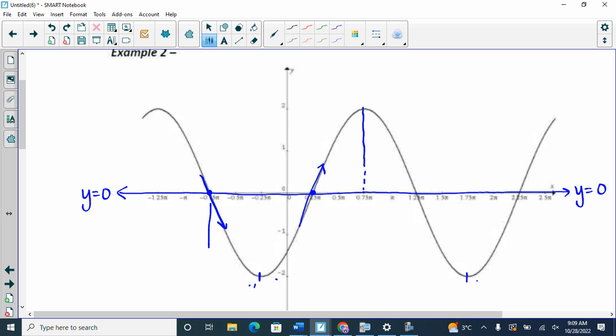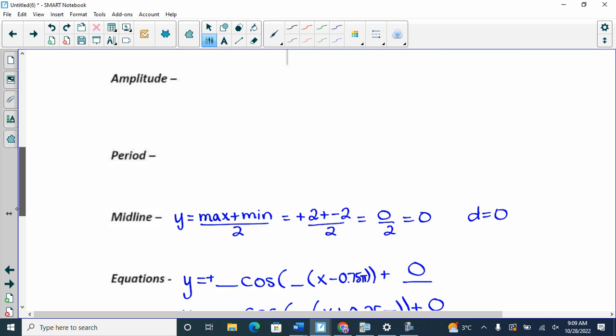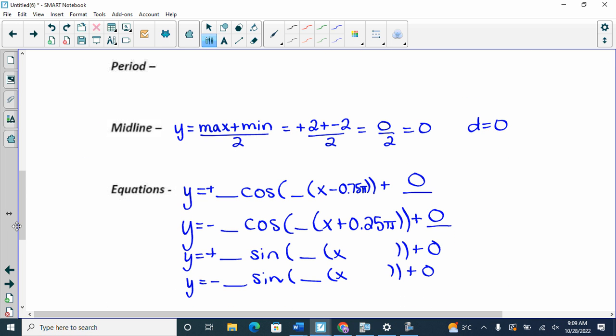So this one I'm just going to help myself out. This one's going to be for the negative sign. This one's going to be for the positive sign. Okay, so we have 0.75 pi for the negative sign. So I'm going to go x plus 0.75 pi.